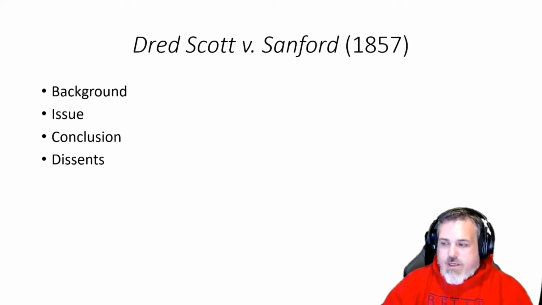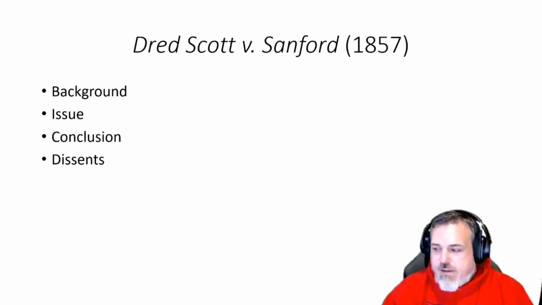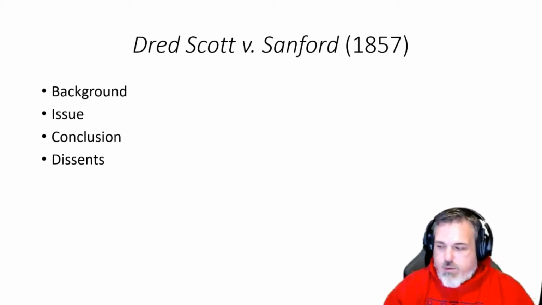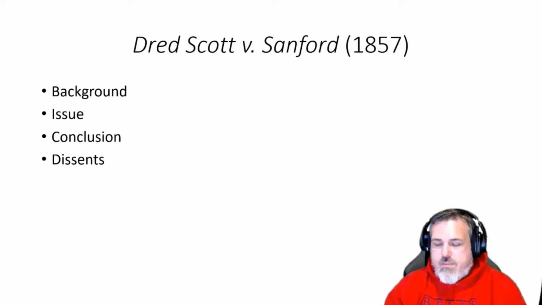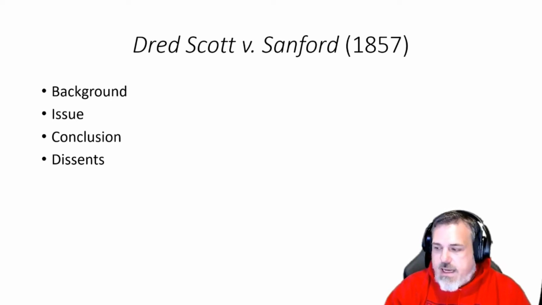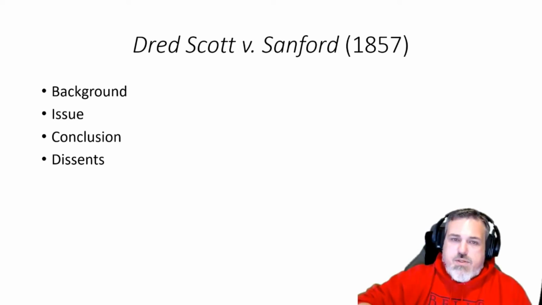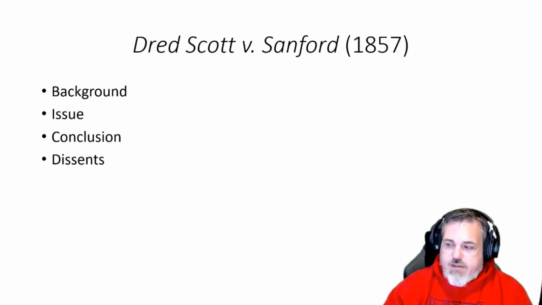So in 1846, Scott files a legal suit in a Missouri state court. He asked this court to declare him and his family free based upon their stays in free land, that being Illinois and Wisconsin. The lower court, the court that Scott first brings his claim in, sides with Scott. But the Missouri Supreme Court ultimately strikes it down, holding that while Scott may have been free in those free territories, the laws there do not apply in Missouri.